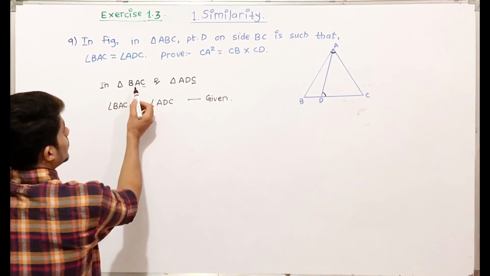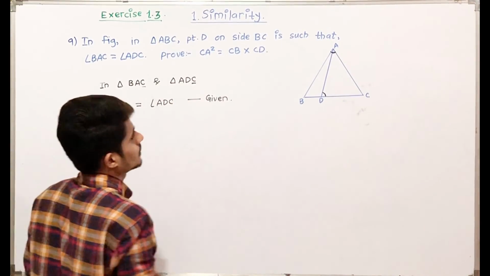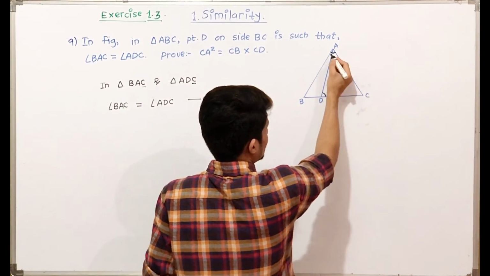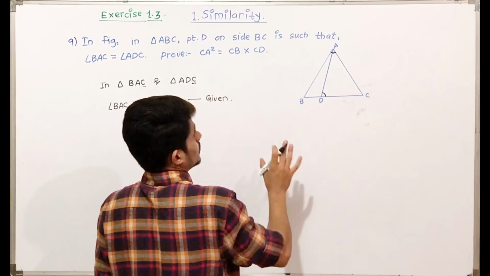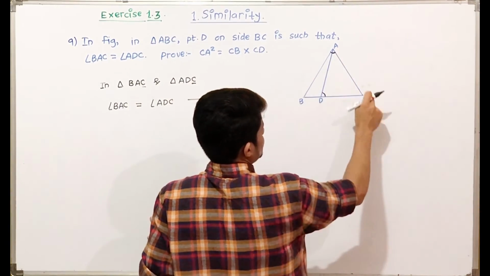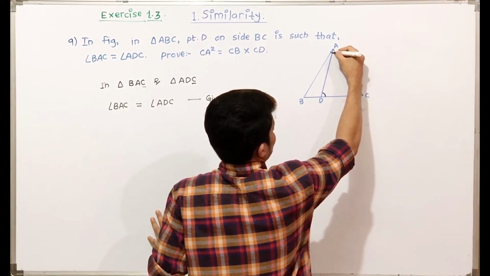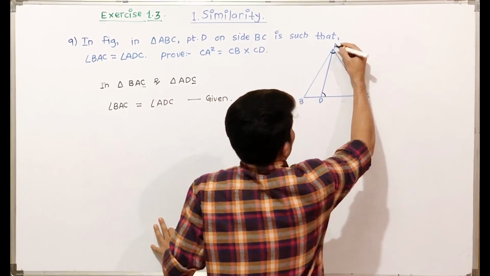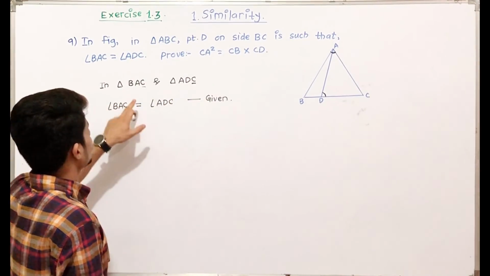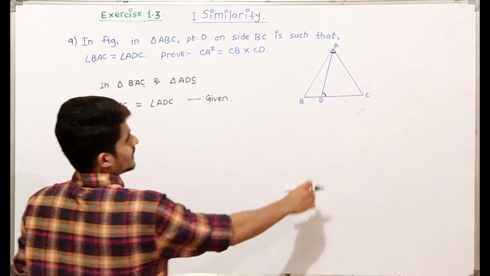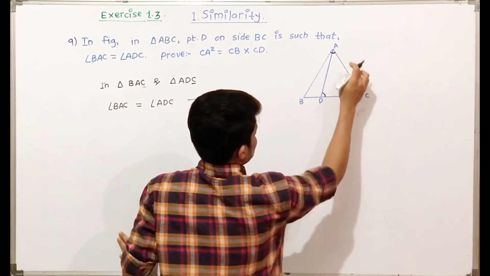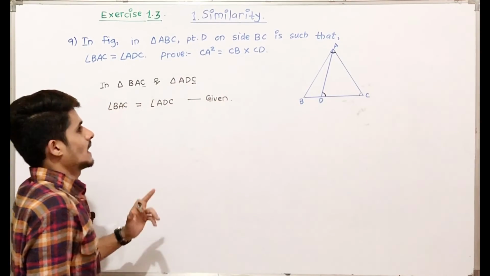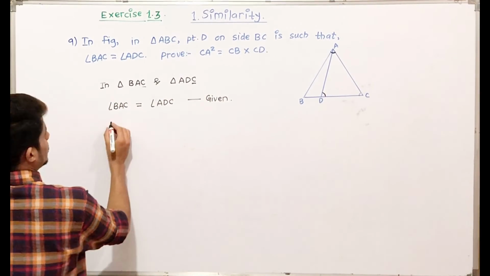If you take angle A and angle A, BAC angle A and ADC angle A, that will be wrong, because in triangle BAC we have this full angle A and in triangle ADC we have this half angle A. So we'll not take angle A, we'll take angle C. Angle C is common in both the triangles.